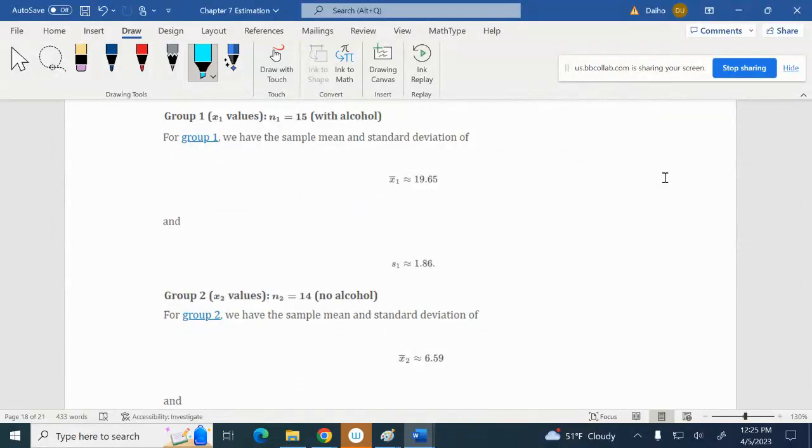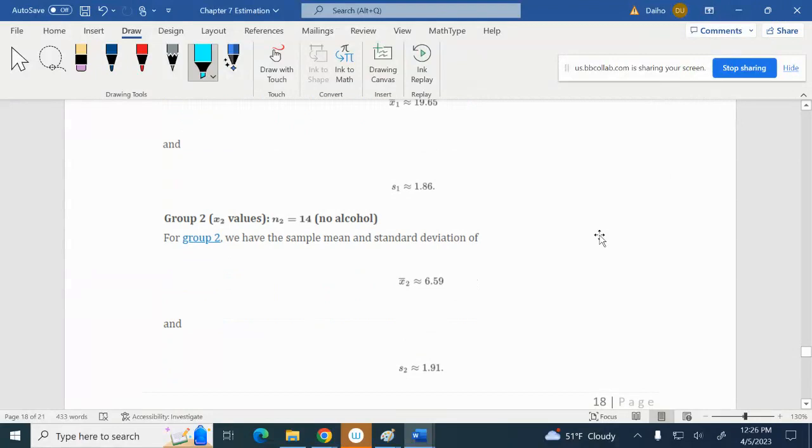The second group is no alcohol, 14, and the sample mean is 6.59, and the next one will be S. Please copy that. I need the statistics to make the confidence interval for the mean difference. Did you copy?